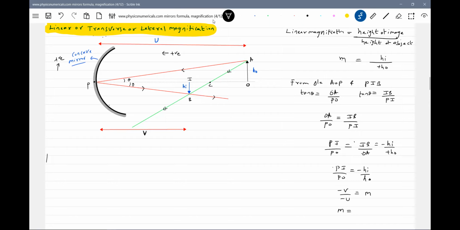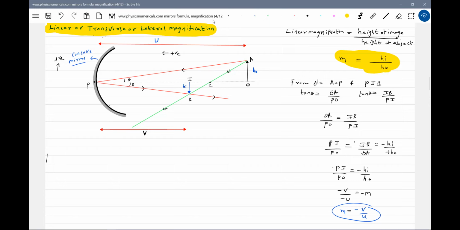So finally, the magnification formula will end up equal to minus V by U. This is called linear magnification, small m. Don't write capital M; capital M is for angular magnification. Small m is what has to be taken. It's only a definition: magnification is height of image by height of object, so don't write any sign here.